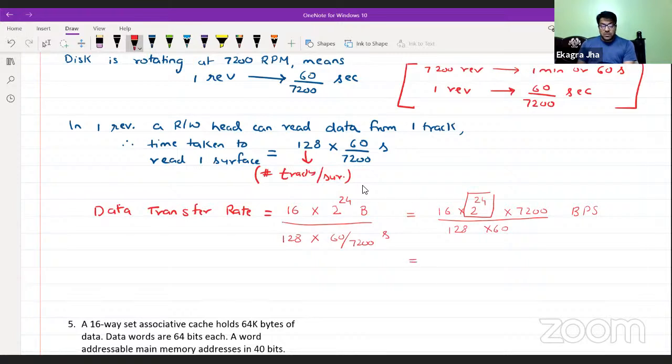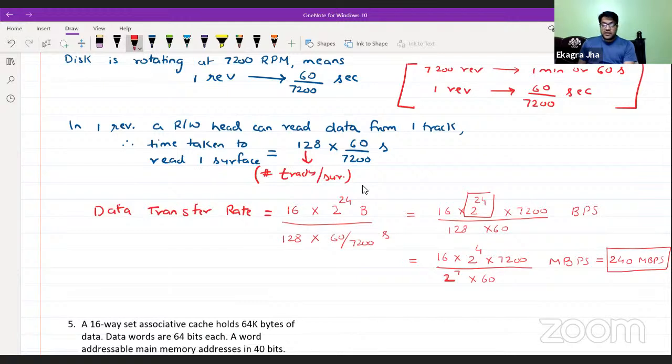So this should be 16 into 2 to the power 4 multiplied by 7200 divided by 2 to the power 7, into 60, in mbps. If you calculate this expression, the answer will be 240 mbps. This should be the answer.